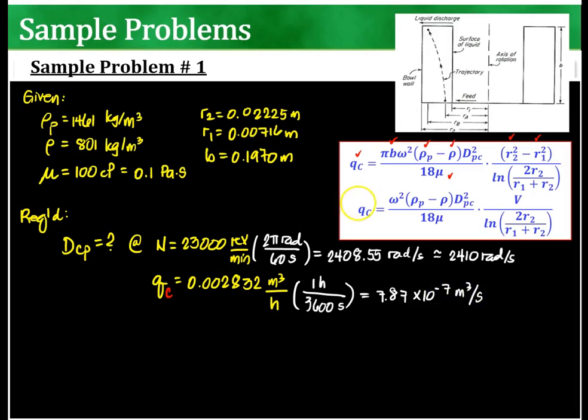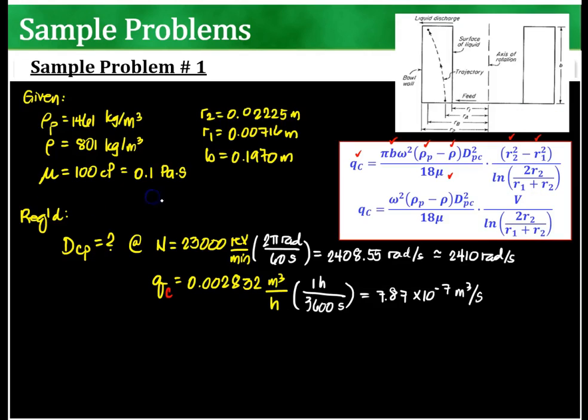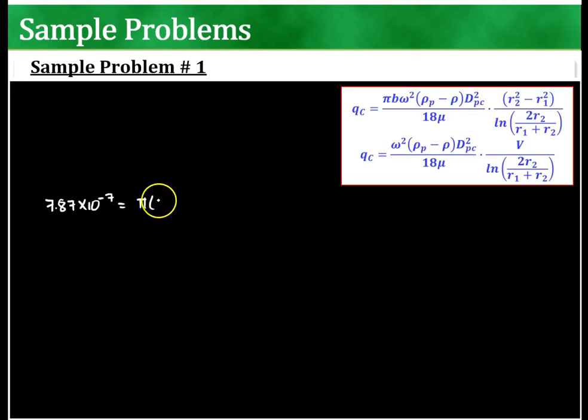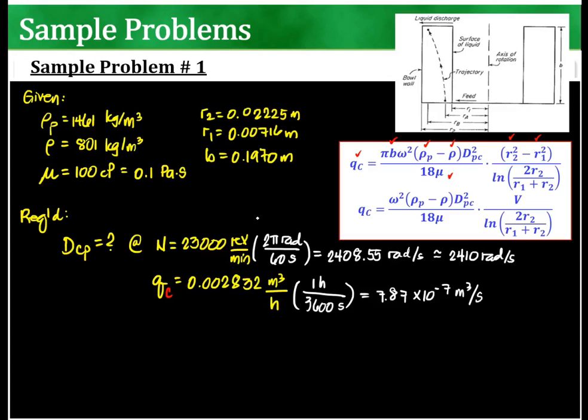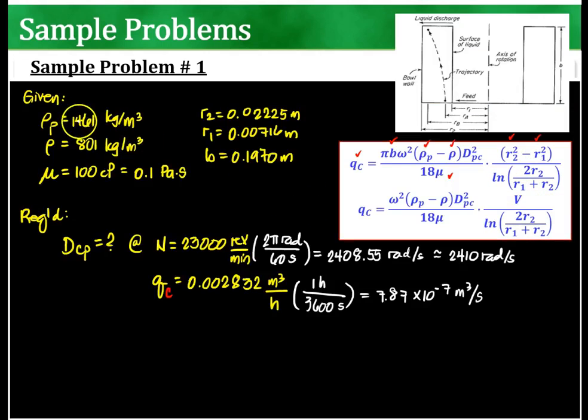Okay, so maybe we can already solve by plugging in everything. 7.87 times 10 to the negative 7 is equal to pi times B, which is 0.1970, times omega 2410 squared times the density difference, 1461 minus 801. These are already in kilograms and cubic meters, so we don't have a problem with that.